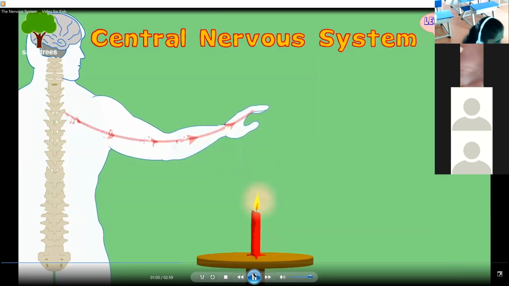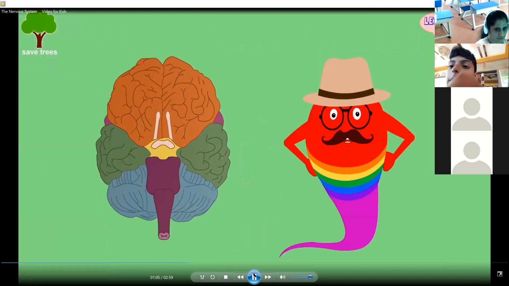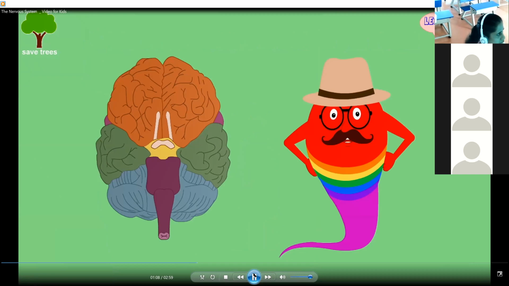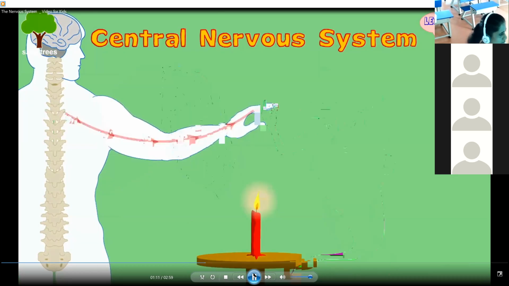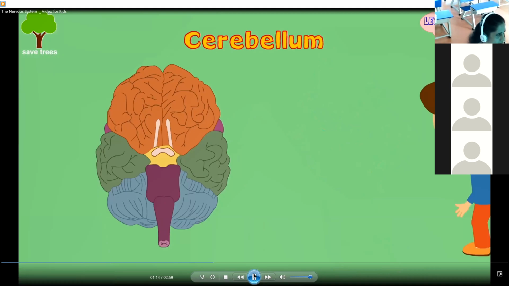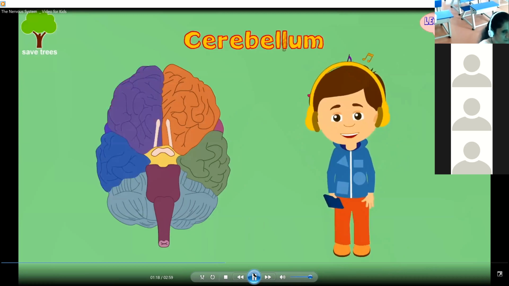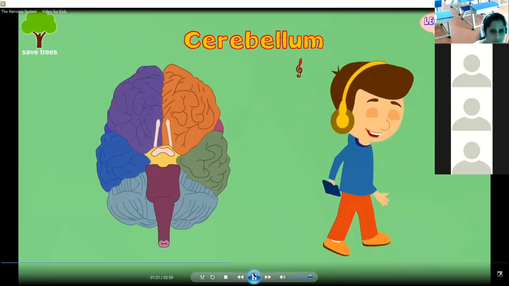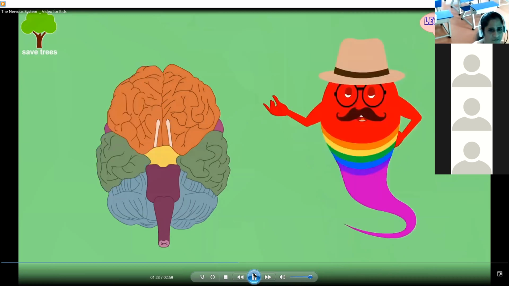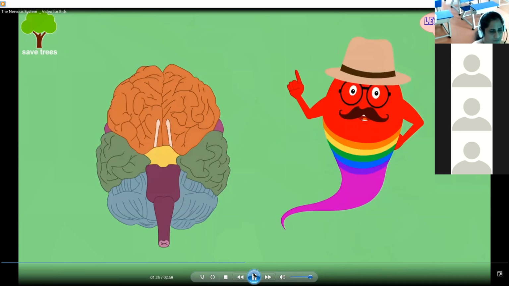The brain has three major parts. The biggest part is the cerebrum. It has two parts, the left and right cerebral hemispheres. Scientists think that the right part helps us think about abstract things like music, shapes, and colors. The left part is more analytical, helping us with math, speech, and logic.